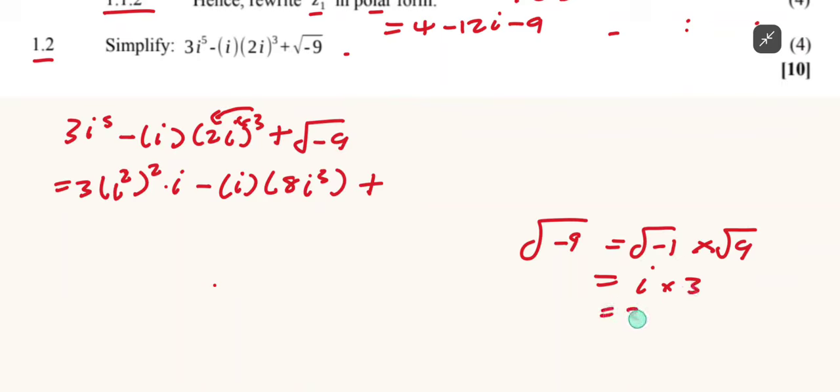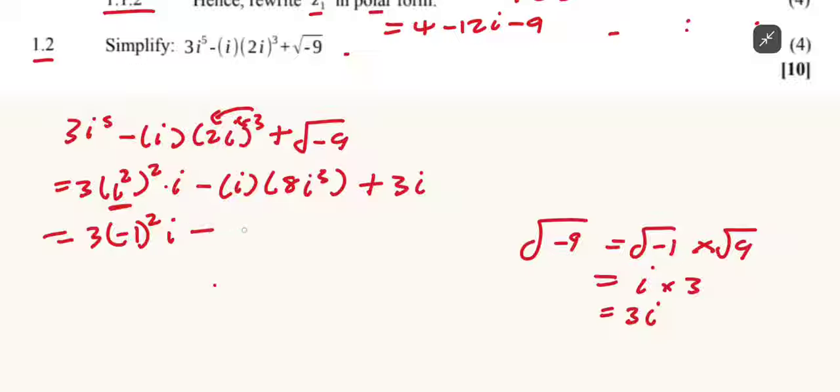When you multiply, this will be 3i. So plus 3i. Here we have 3, and this i squared is negative 1, then multiplied by i.